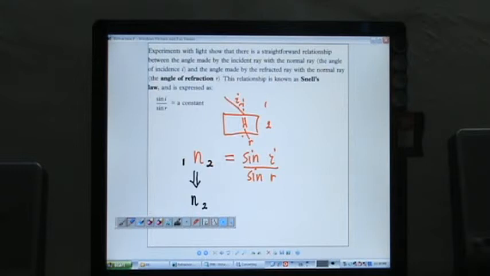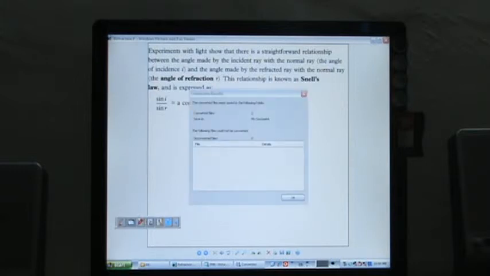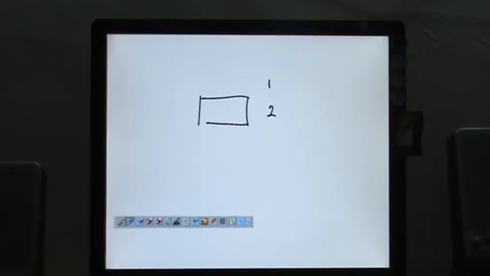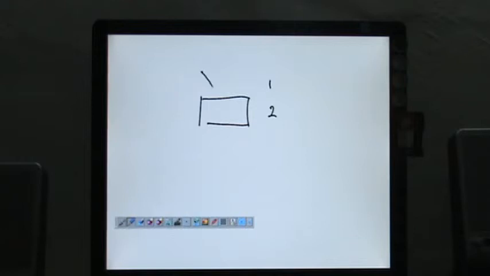Okay, let's start a clean new page. We have this boundary. This is material 1, which could be air, and material 2 could be glass.